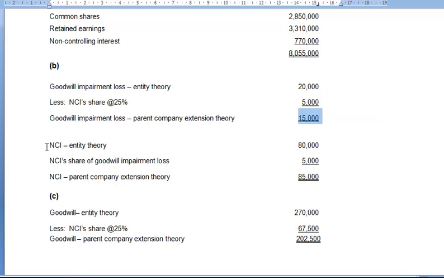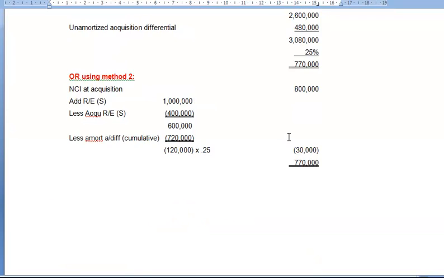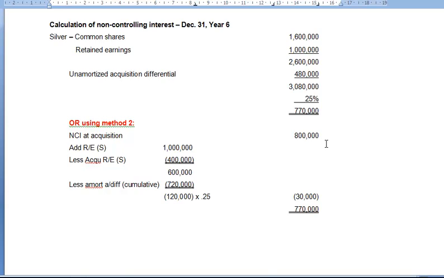Well, you remember that NCI under the entity theory got attributed 25% of $320,000. How do we know that? Well, when we calculated consolidated net income, we figured out that little puppy right here, right? That's the net income that was attributable to the parent, but again, it doesn't matter because we attributed down here, right? So therefore, that's 80,000. Well, that includes goodwill.